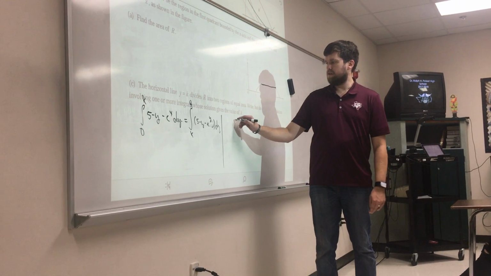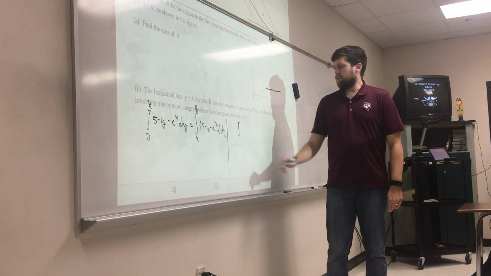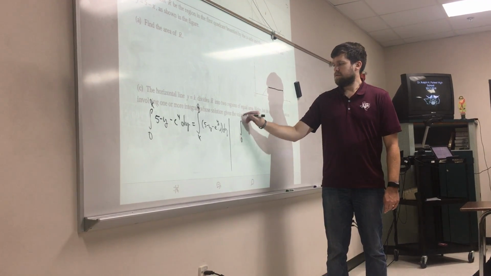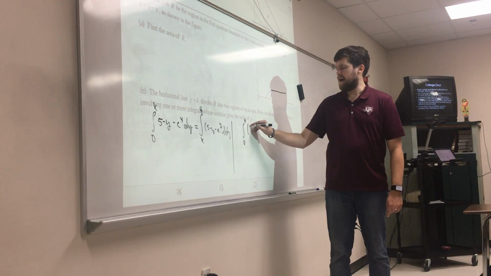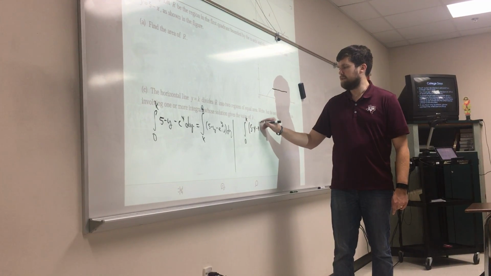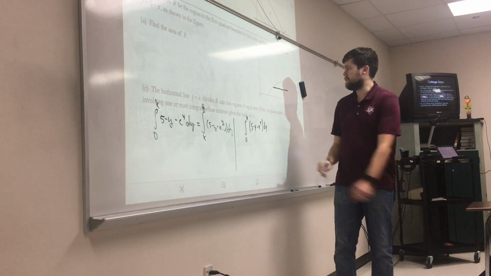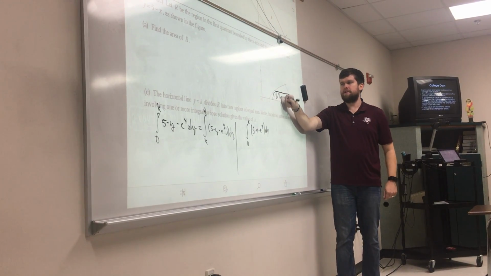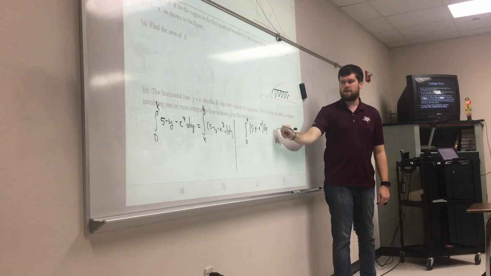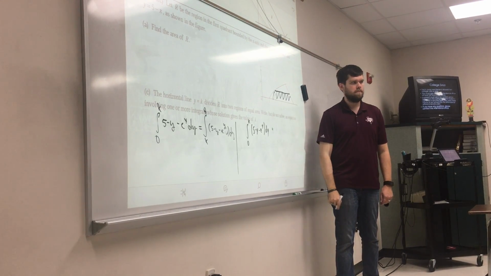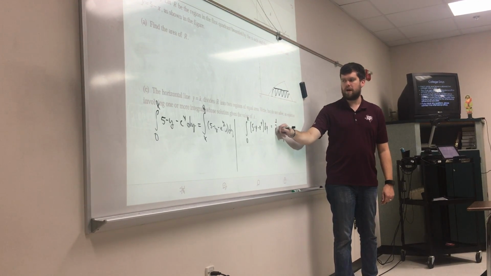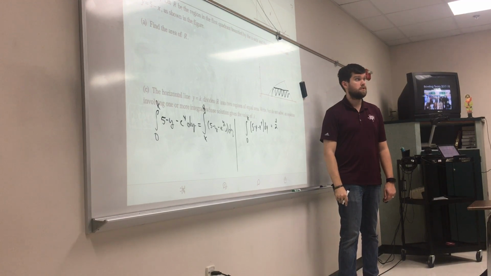Okay, so what's the other way to do this? Well, we could take the integral from what to what? 0 to k of 5 minus y minus e to the y dy. So that would represent this area underneath, right? And what should that equal to? A half of what? Answer in part A, right?